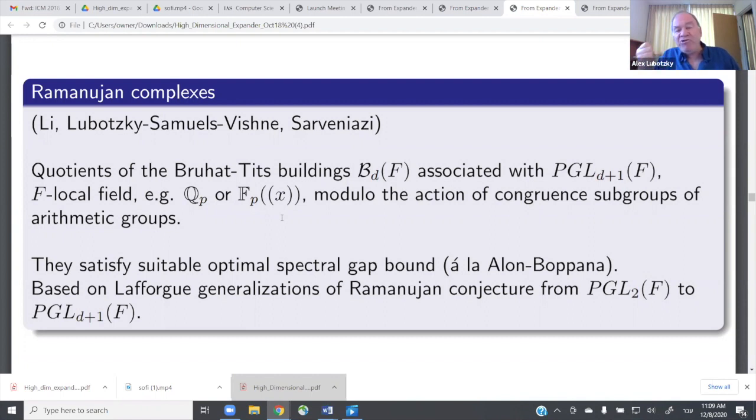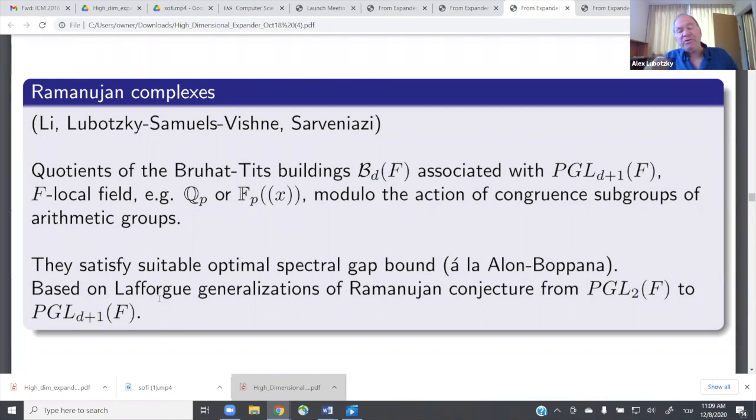Now you can generalize the Alon-Boppana theorem to this context, talking about optimality of the spectral gap, and then you can use the work of Lafforgue. I have to say a few words about that.